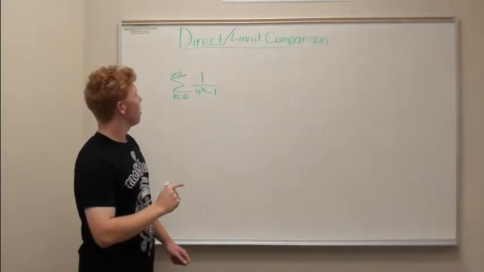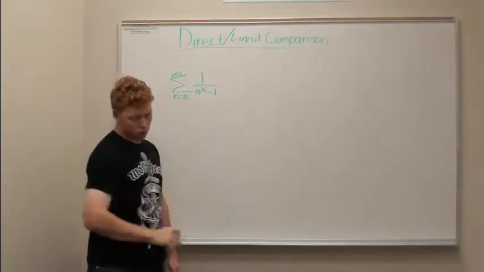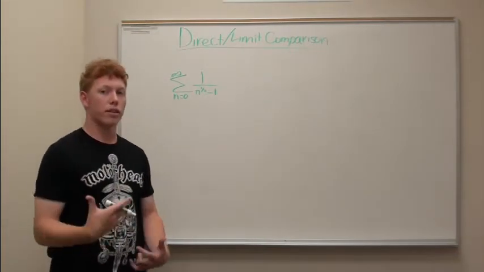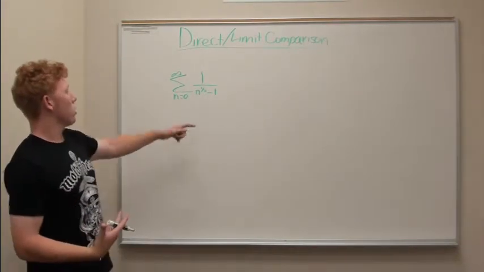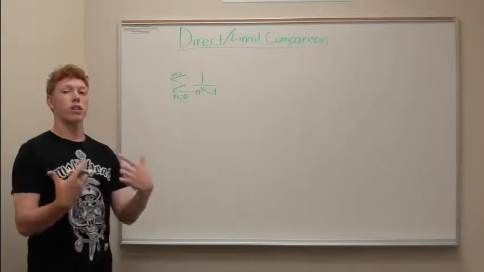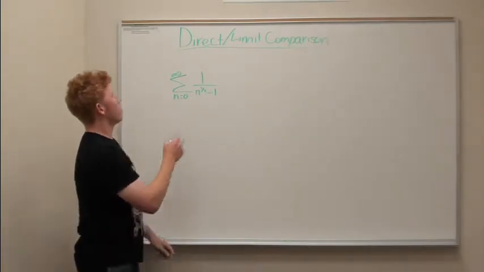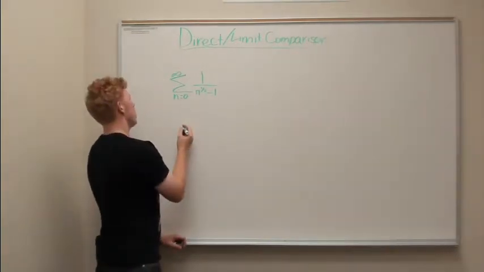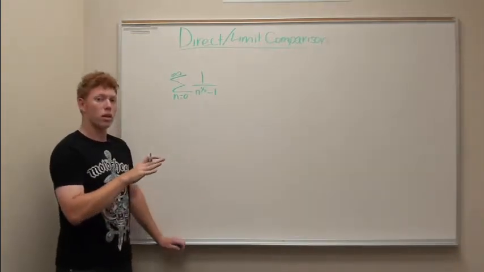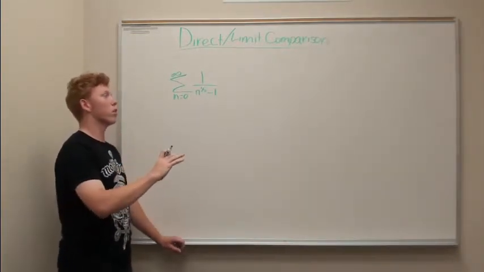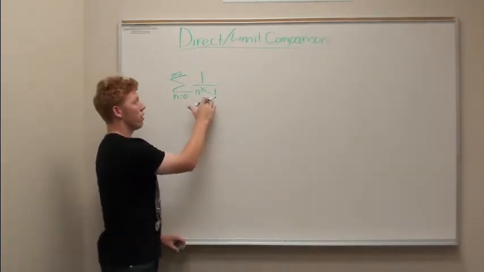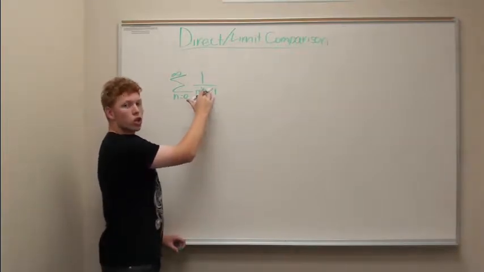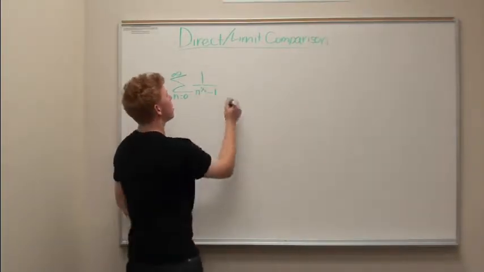Now, this one, if you were to try the nth term test, would come out to 0, meaning the test is inconclusive. Now to test the divergence of this one, you need to set up an inequality, or choose a test series so that the inequality means that this one ends up being larger than the test series.